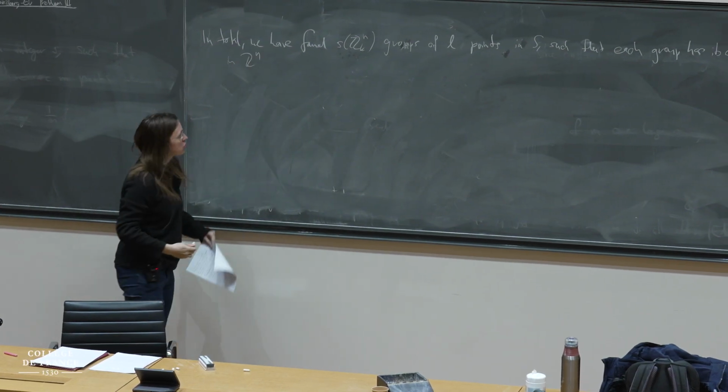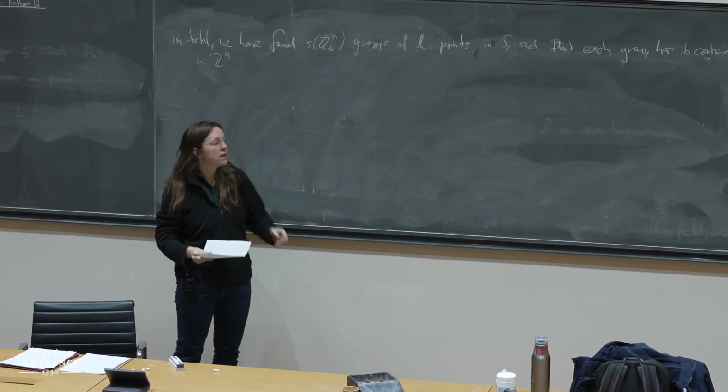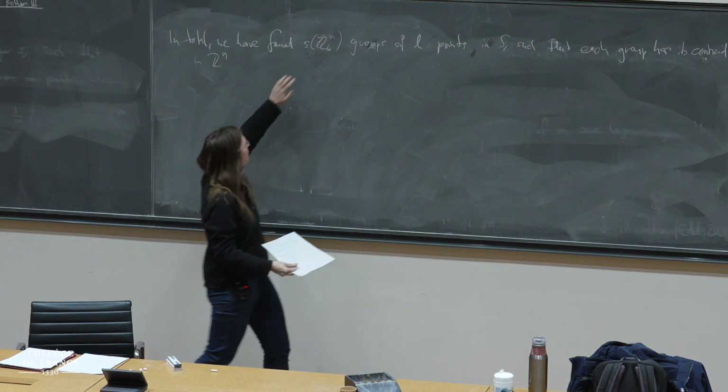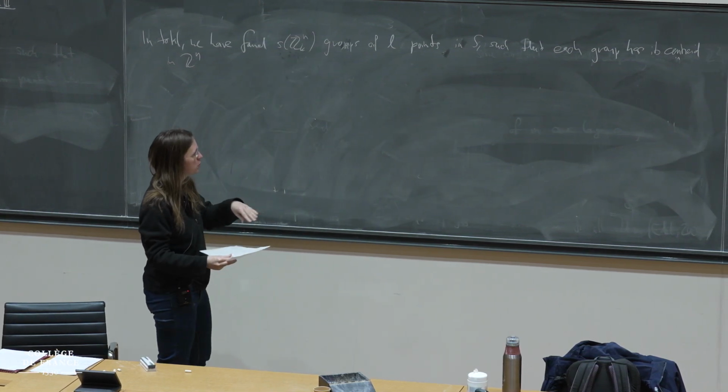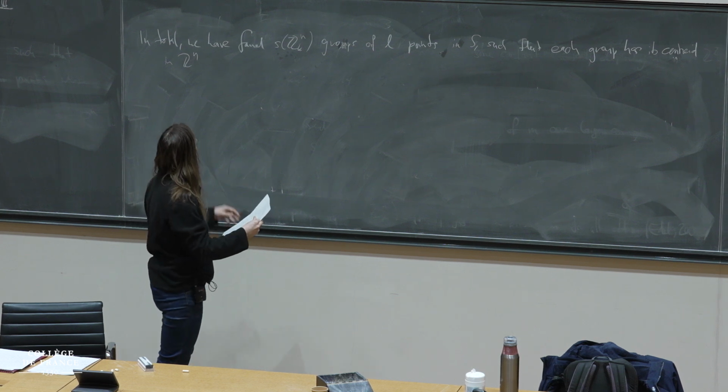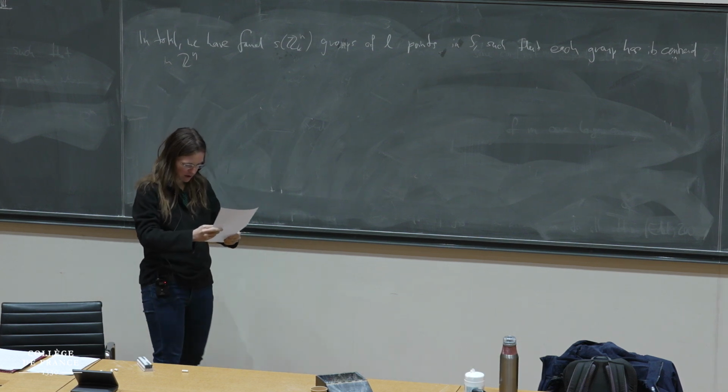And these groups are all disjoint because whenever we found a group, we deleted the points from S. So we found that many disjoint groups of L points in S, so that for each of these groups, the centroid of the L points is a lattice point in Z to the n.